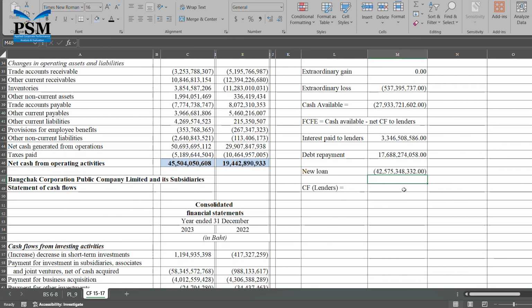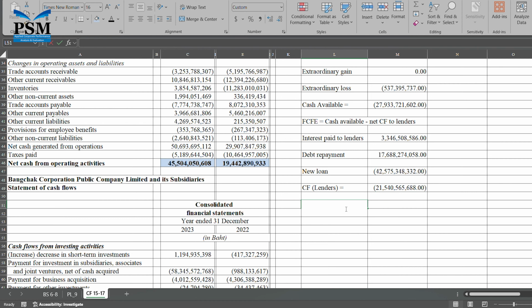And then we calculate the total amount: interest received or paid to the lenders, plus debt repayment, plus the new loan. The new loan is negative, so I use plus. If I change to minus, then the computer will add them together, so we get 21 billion. Actually, the company has taken money from the lenders. It's minus, meaning cash outflow from the lenders.